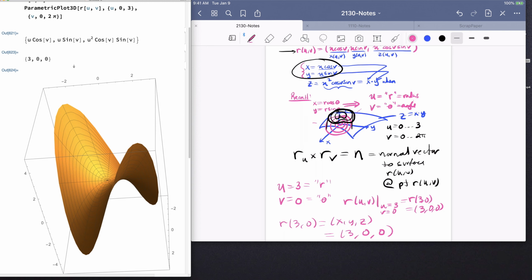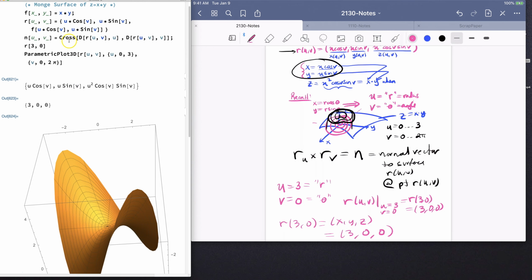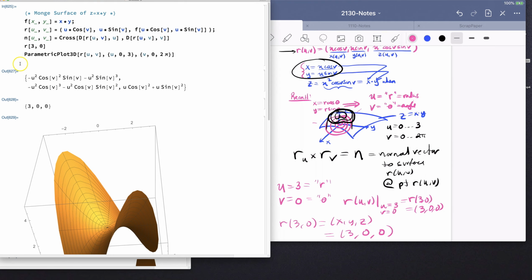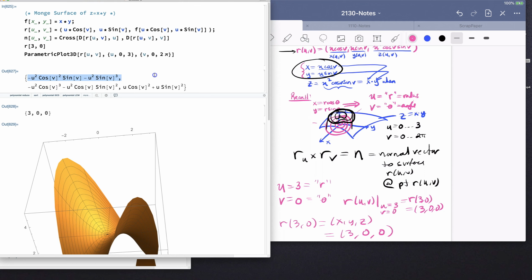Okay. Now, what we have is also the cross product. And here is a kind of complicated expression for the cross product.